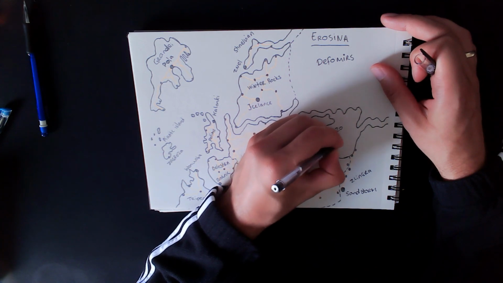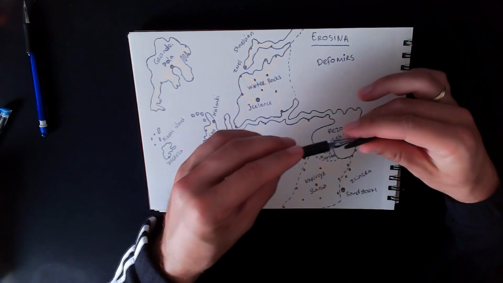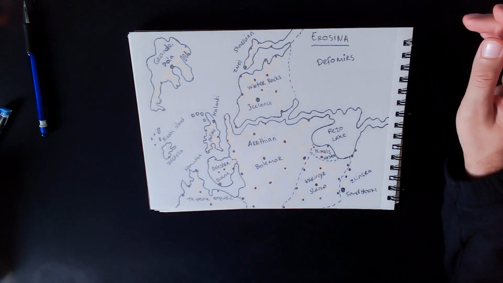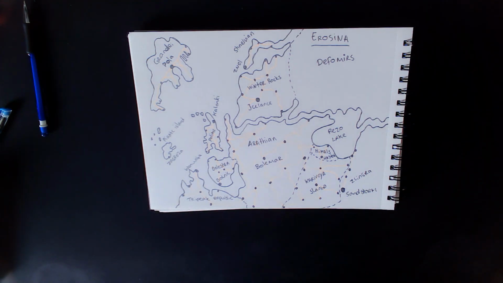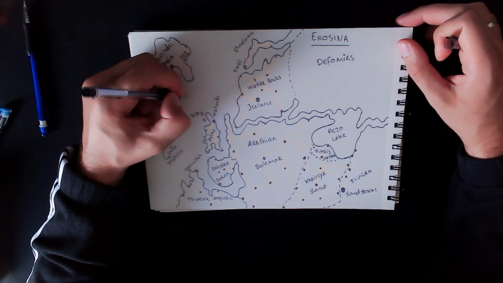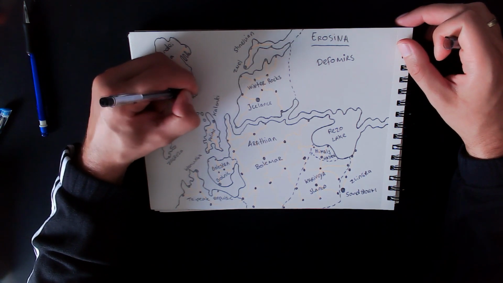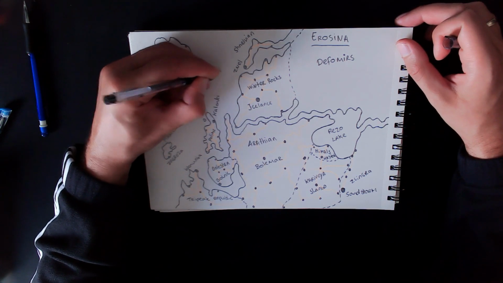And Peso in the Himal language means fire. So it's basically the fire lake. The ocean is called Eros Ocean.